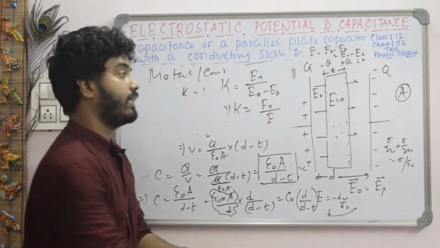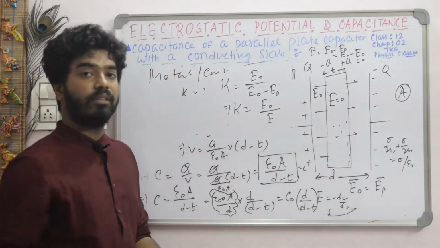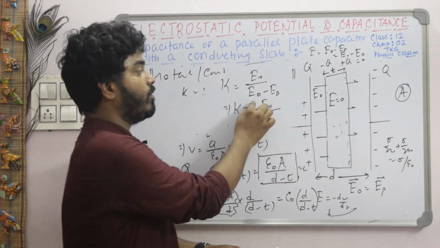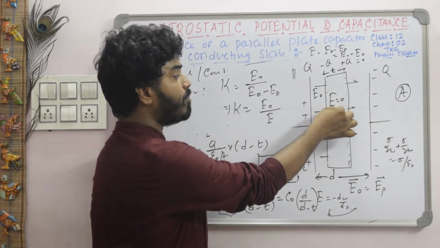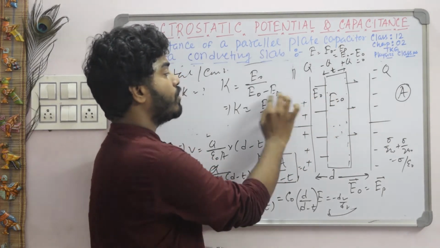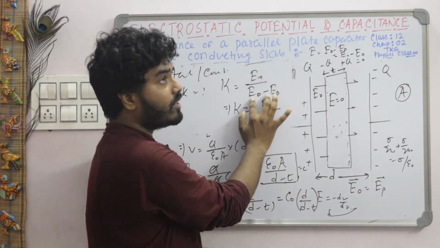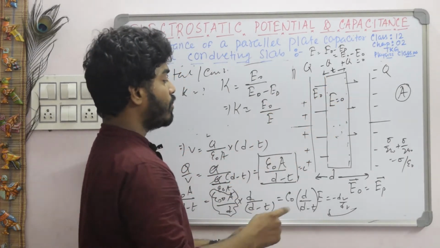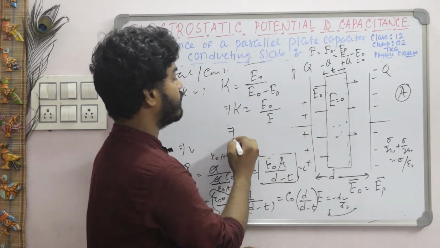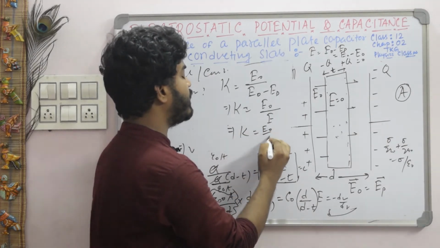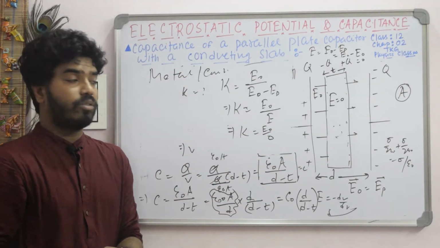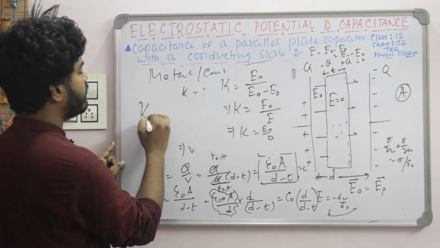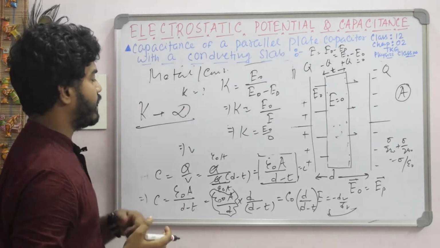Inside this region, what is E naught minus E P? You know here E P is exactly equal to E naught, so this difference becomes 0. That is, inside the conductor the electric field results in 0. So the value of K becomes E naught divided by 0, and something divided by 0 means K becomes infinity.